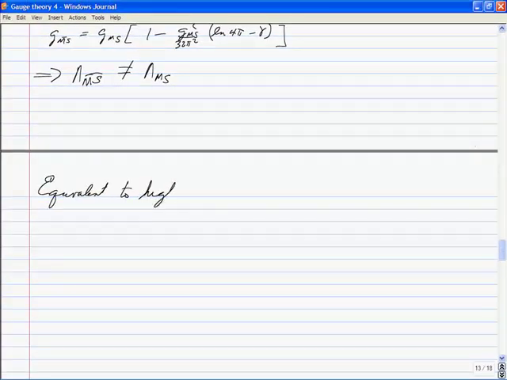However, the difference between these is higher order. So you can sort of see this if I have alpha MS bar of q squared. This number is 4 pi over b0 log q squared over lambda MS bar squared.